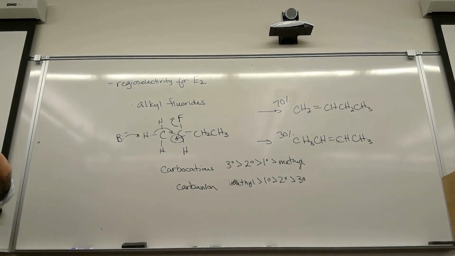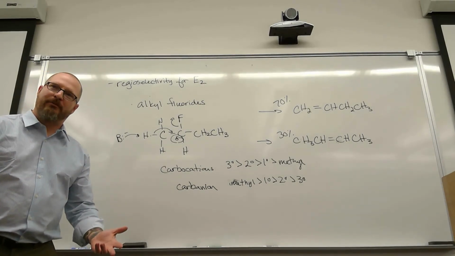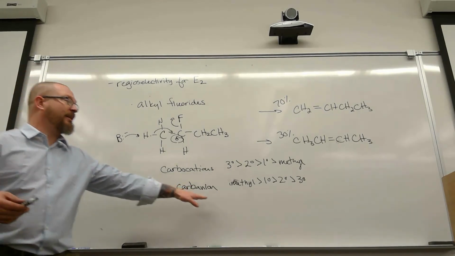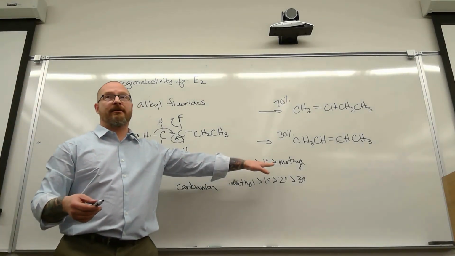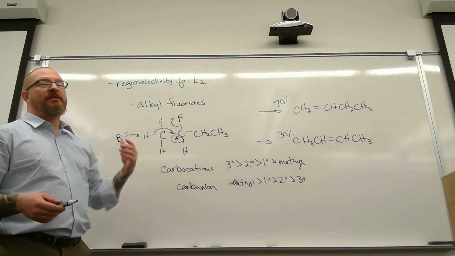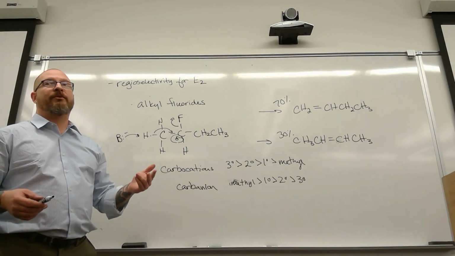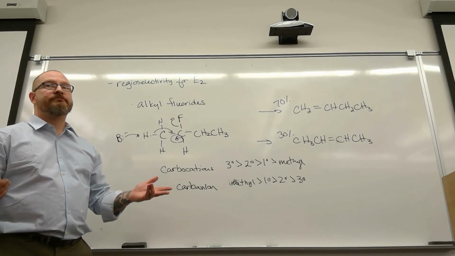Now, I'm going to ask you that specifically on the test. No, I won't ask you that. You should know this trend in carbanions, just like you should know this for carbocations. But if you see an elimination reaction happening, an E2 elimination with a fluorine, know that it is going to go against Zaitsev's rule.